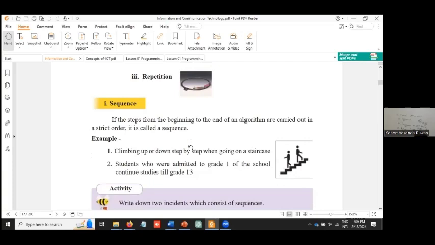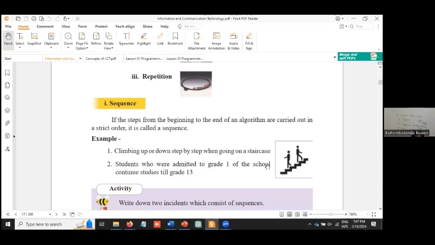There are two examples here. One is climbing up or down step by step when going on a staircase. You need to complete it step by step.